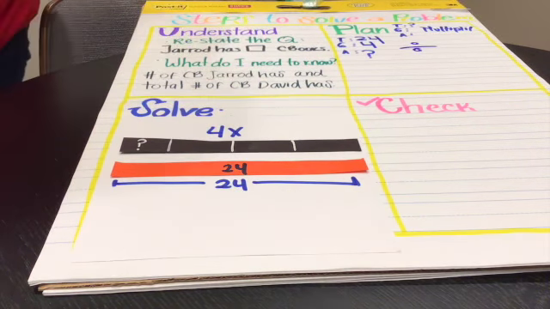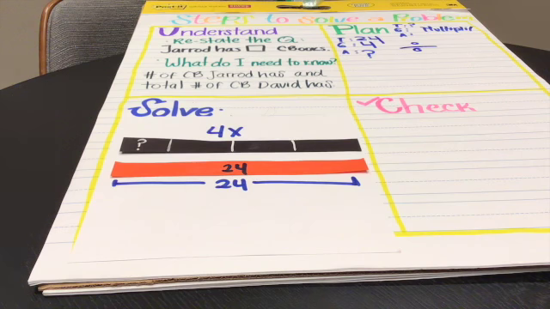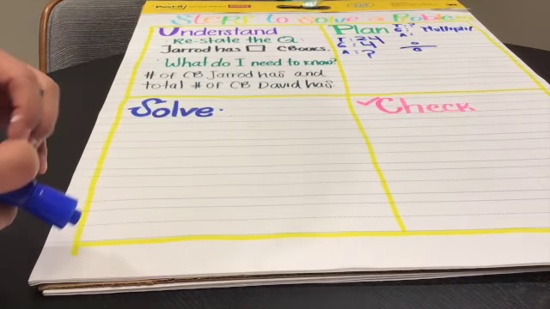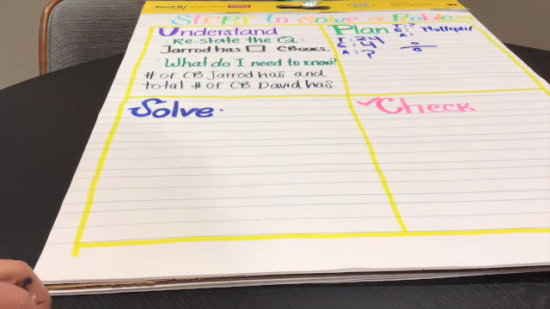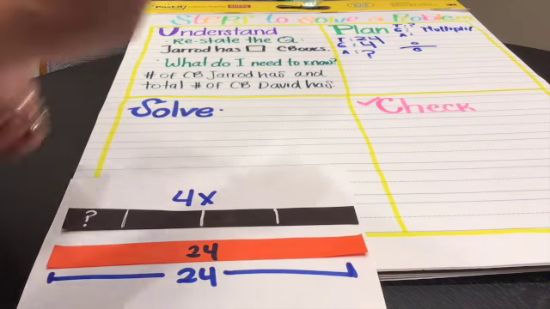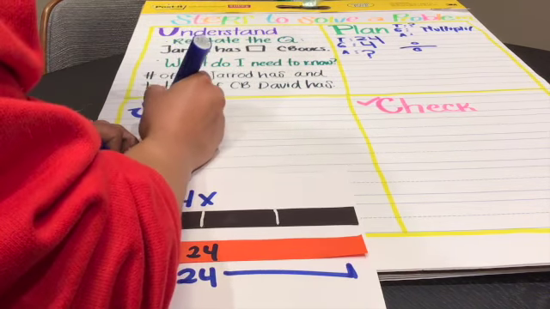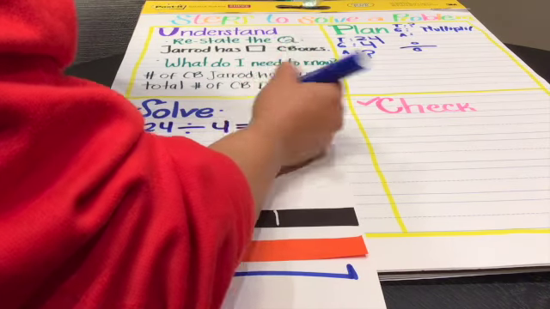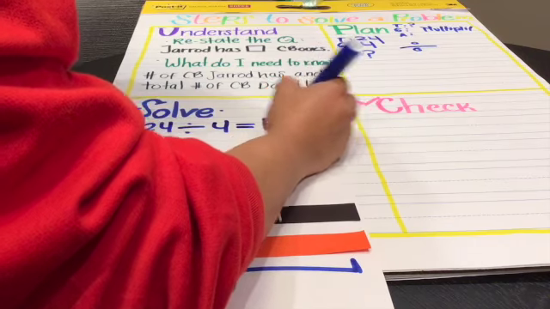Okay? So I'm going to go ahead and solve it. And I'm going to say, okay, let's make a division. So what will be my number sentence here before I start? My number sentence will be 24 divided by 4 equal blank.